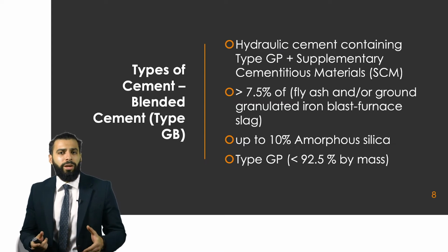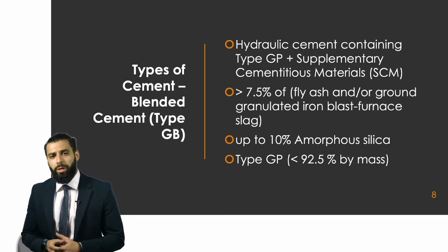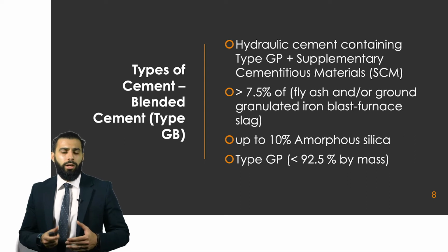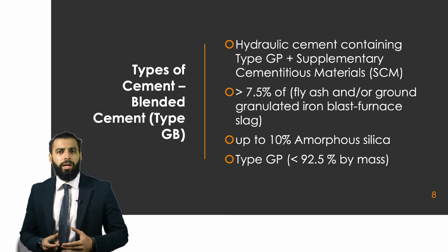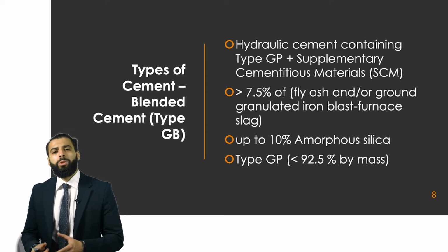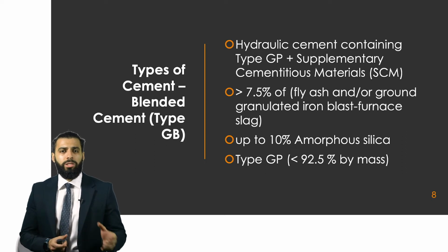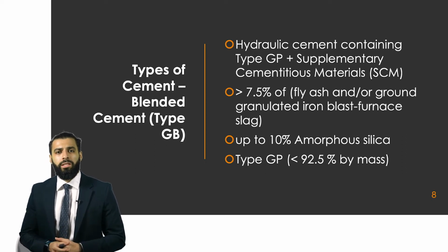And this process is very energy intensive and results in a lot of carbon emissions. So to avoid some of these carbon emissions that are resulting from clinker, what we do is we replace the clinker with SCMs. And that's why you mix some of your GP with the SCM in accordance with the proportions that you see in front of you on the screen, and you get a more sustainable cement mix.